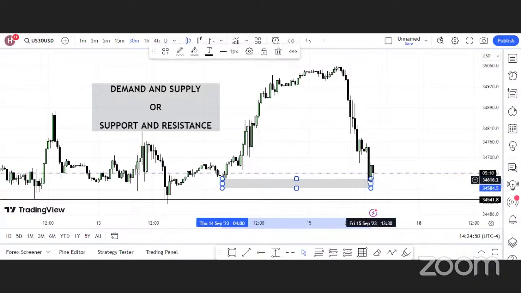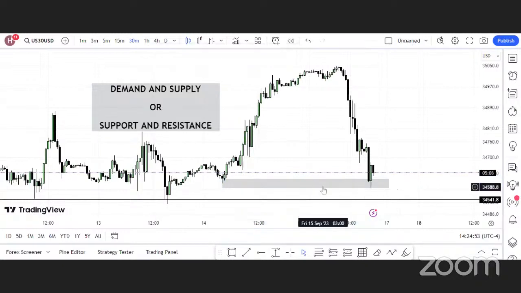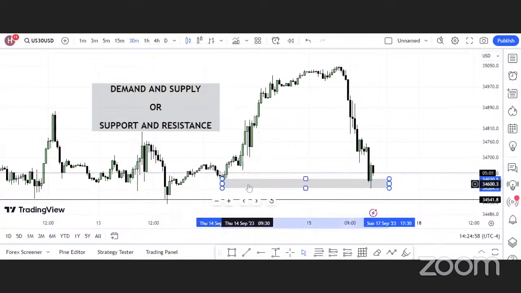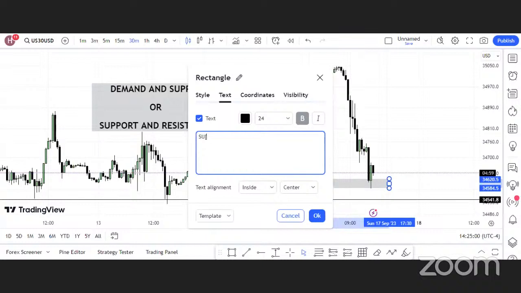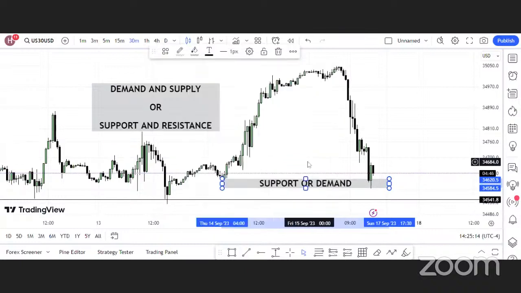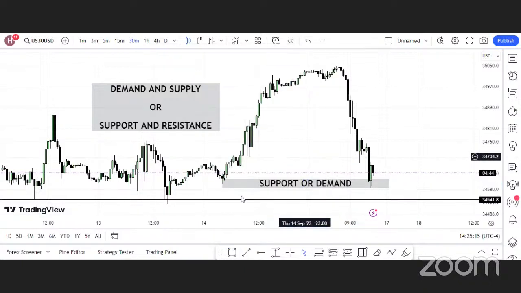So look at this. The market paused in a downtrend. This is a support zone. Let me label it. You can call it support, you can call it demand. The concentration of the support zone around this area is why this market paused when it got here.